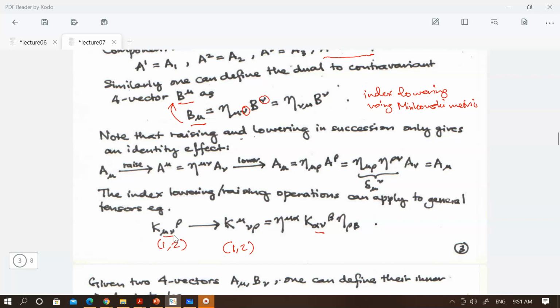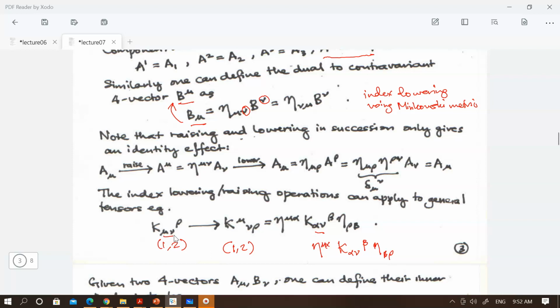Let me try to make up some new thing here. Let's do the same thing again. Let's do k alpha nu beta, and then I will just lower this thing down. So this will be beta rho, and then let me raise this index. Then this will be alpha here. Let's take a mu here.